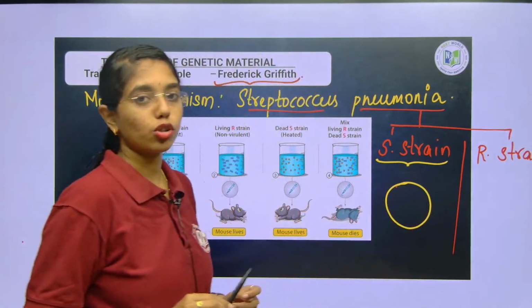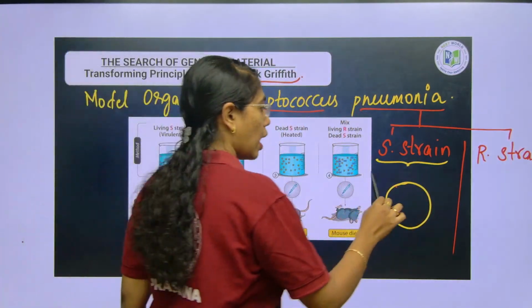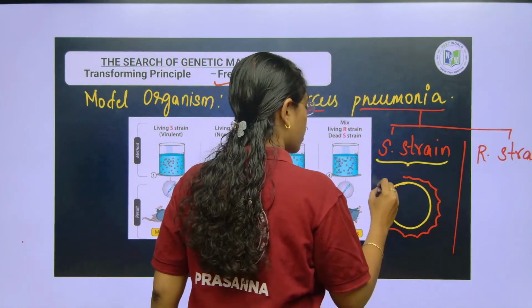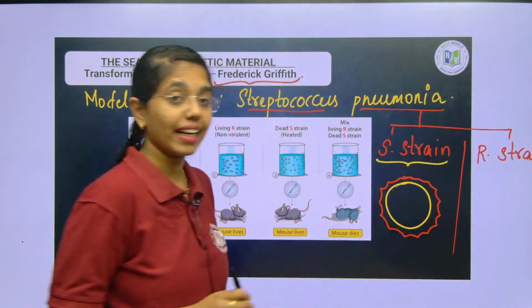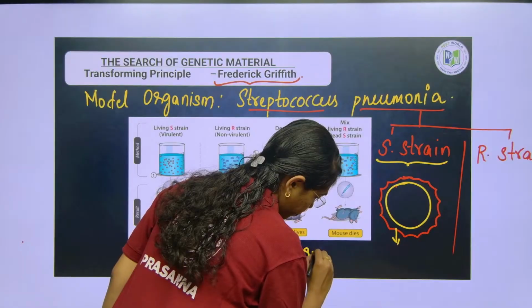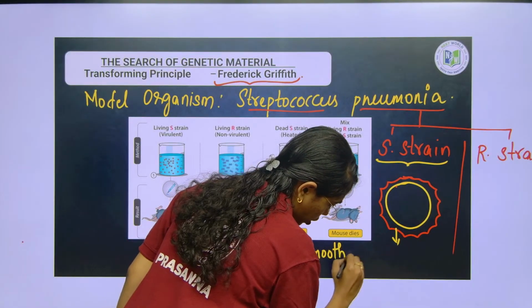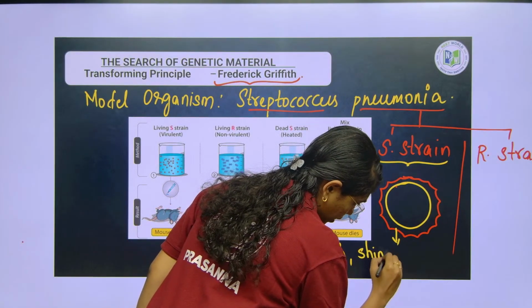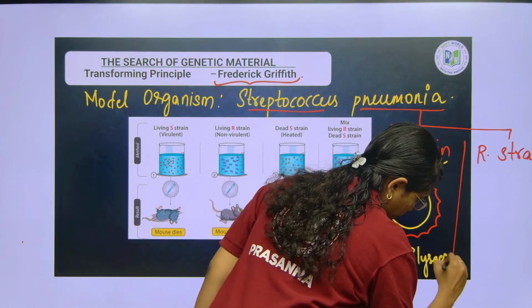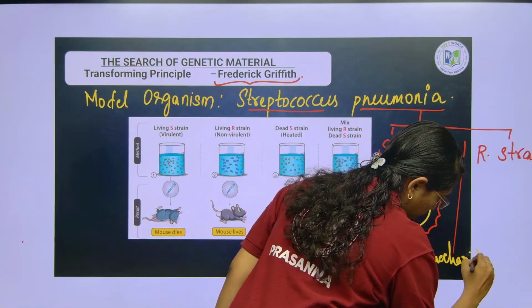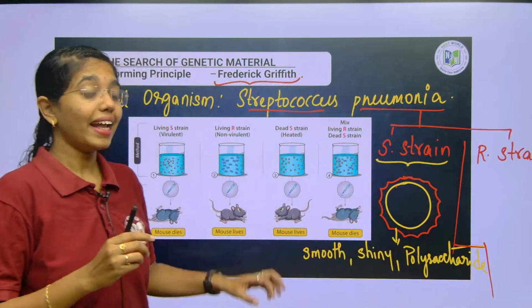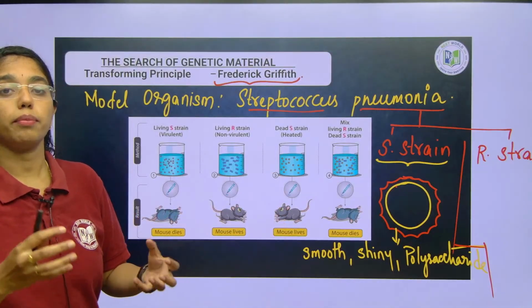Mostly it is composed of peptidoglycan, and outer to this it has a smooth shiny coat which is made up of polysaccharide. It has a smooth shiny polysaccharide coat, which makes the bacteria virulent and it survives in the host immune system.